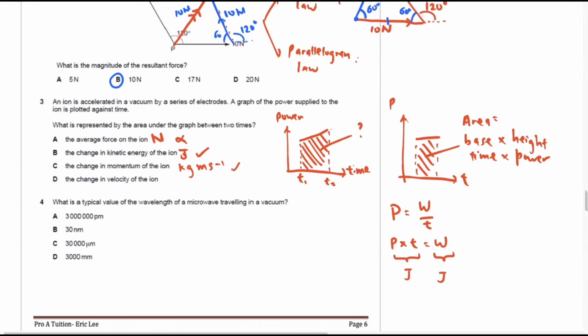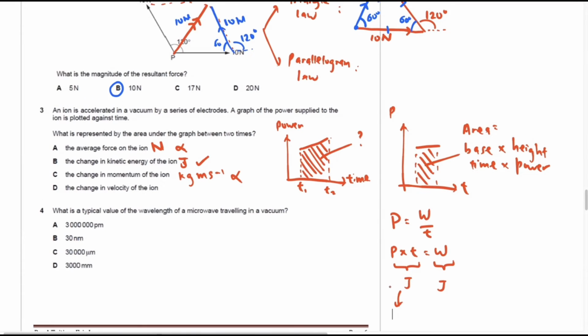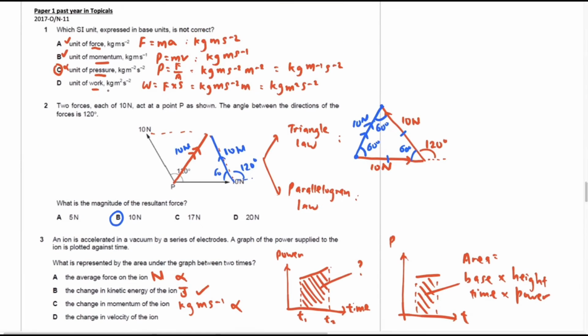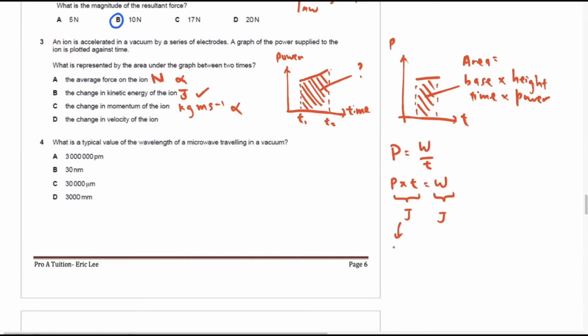Joule, as we discussed before, the unit is kg m2 s negative 2. So that's why C is wrong. Kg m s negative 1 is not the same as this. Change in velocity, m s negative 1. So by looking at the unit, we can quickly reject these three, and hence the answer is B.